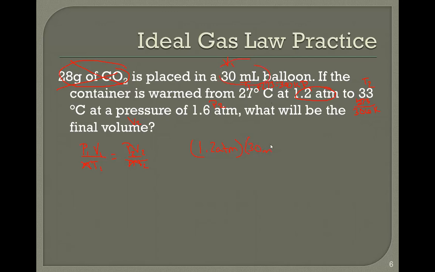At a temperature, we need it in Kelvin, so 300 Kelvin, is equal to the final pressure, 1.6, the final temperature, which is 306, that's on the bottom, and we're looking for the final volume. So we're going to multiply these together. We're going to multiply these together. We're going to cross multiply here.